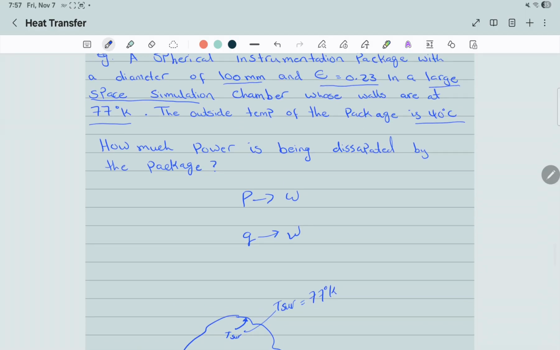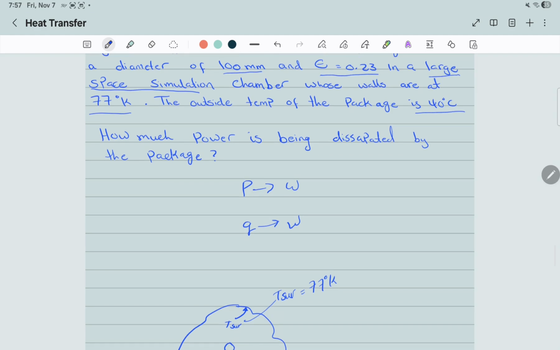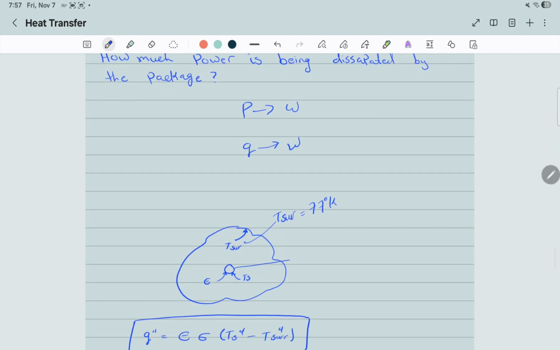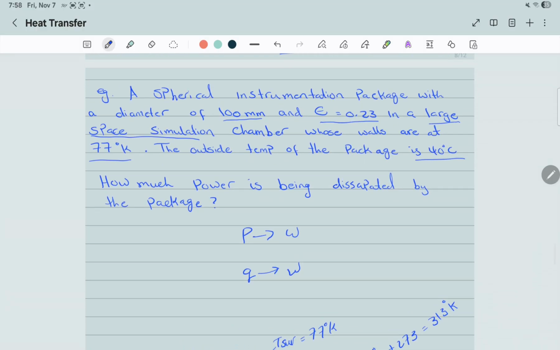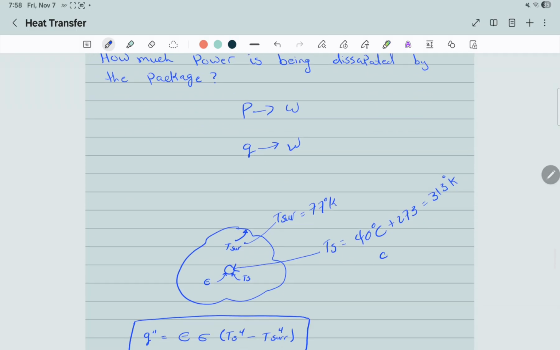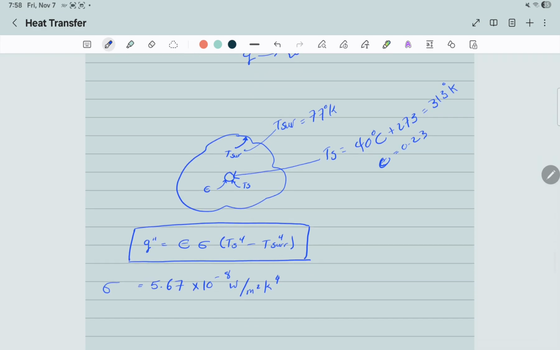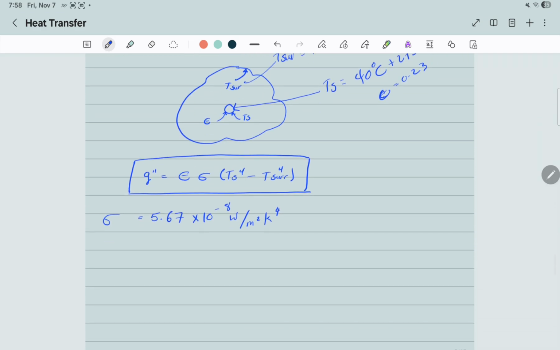The outside temperature of the package, T surface, is 40 Celsius. Let's change that into Kelvin. That'll be 313 Kelvin. The emissivity is given 0.23. And you just need to plug it into the equation.